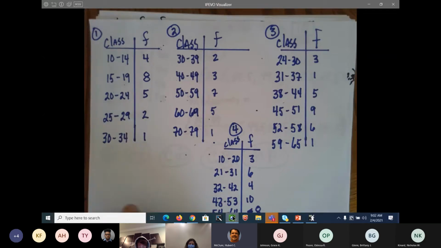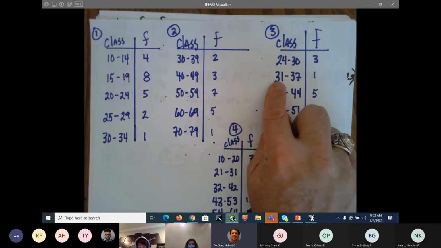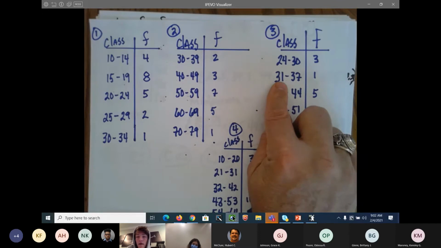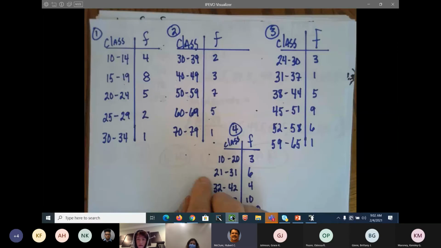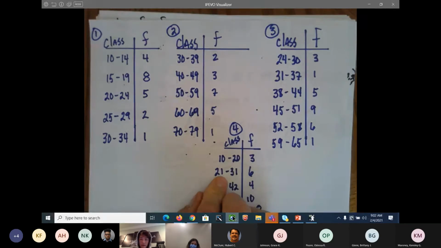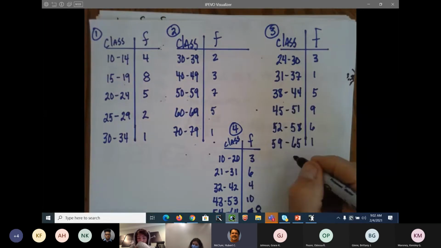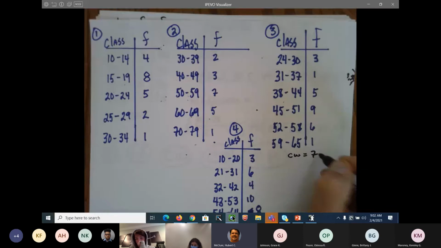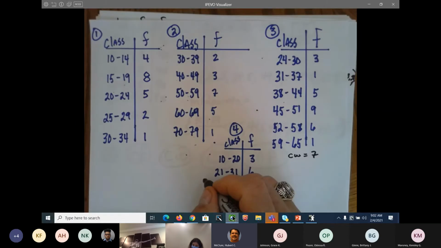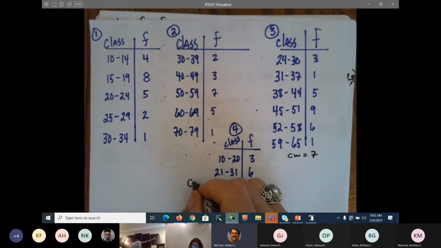I'll go ahead and tell you, what's the class width on this one? Seven. Good. What's the class width on this one? 11. So go ahead and write that down. The class width for this one is equal to 7, and the class width for this one is 11.